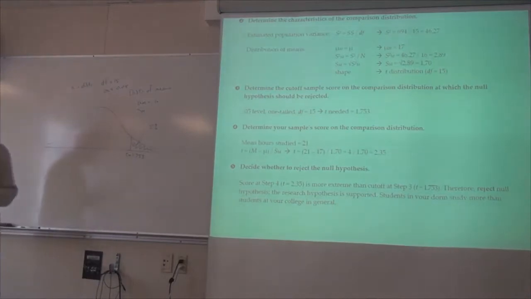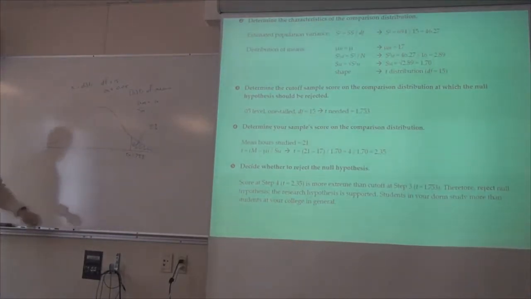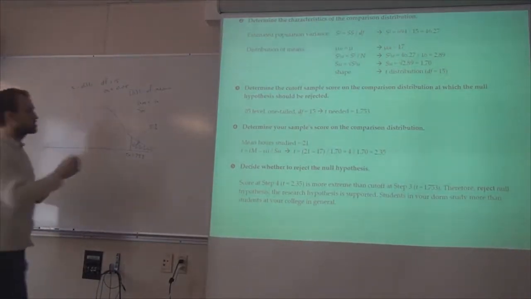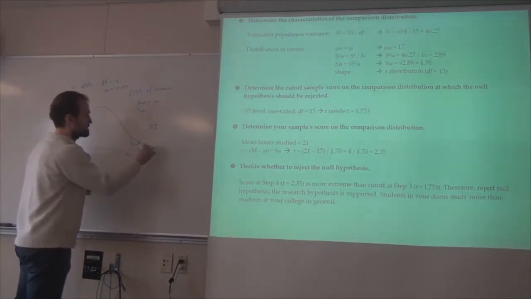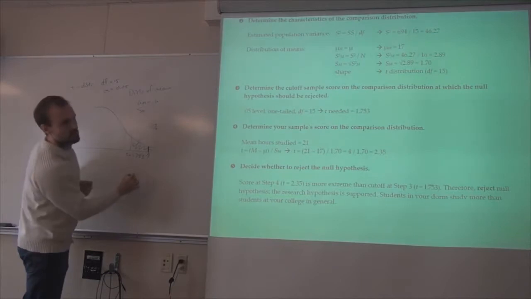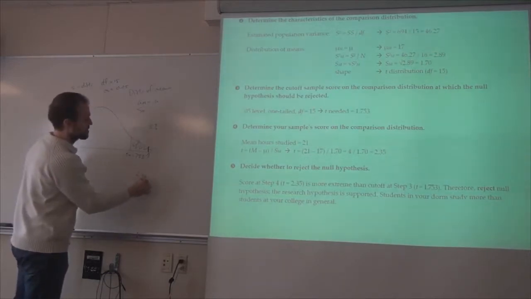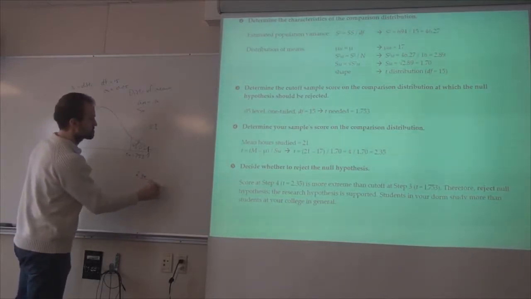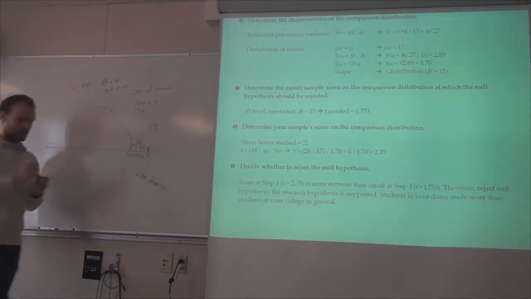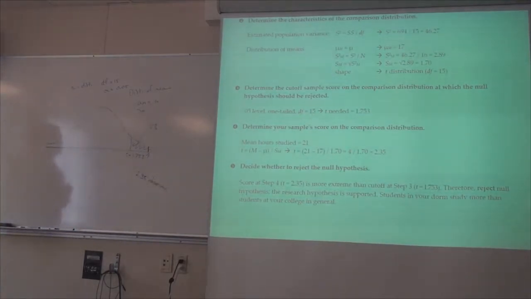Oh, that's out there, isn't it? Let's go with purple. So I get a 2.35, just to exaggerate it, I'll put it over here. 2.35, let's say observed. By way of my sample, I'm observing something much more extreme. So what do I conclude?